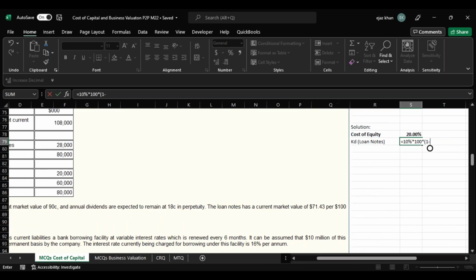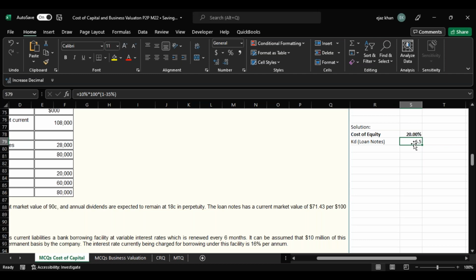So 1 minus 35%. If we do this, it will give us a value of $6.5.